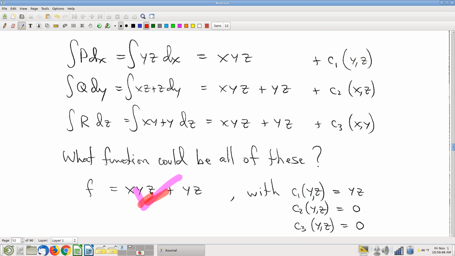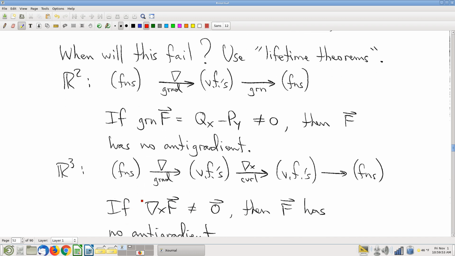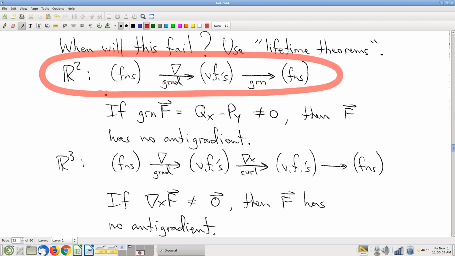Alrighty. So now, can this fail? Yeah. And in fact, this is a nice context in which to bring up these. Y'all remember when we were first introducing vector fields? I said that in some senses it makes sense to Lego together these operators. I mean, they fit, right? What comes out of the gradient operator is a vector field.